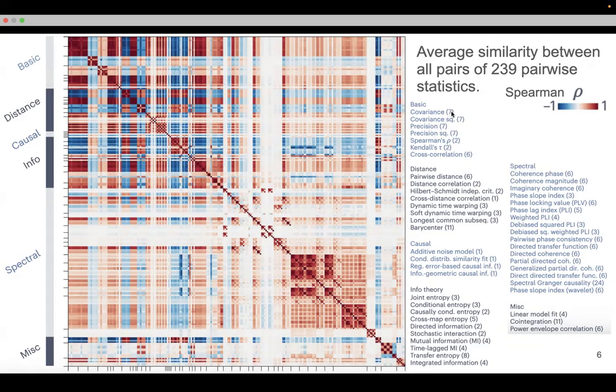Each of them has several more subtests, like Pearson correlation or some comparison of covariance. I'm not sure if this is a beautiful result, but I'm not sure if it's really informative, because it basically allows you to compare how similar different methods are, but it doesn't tell you much more.